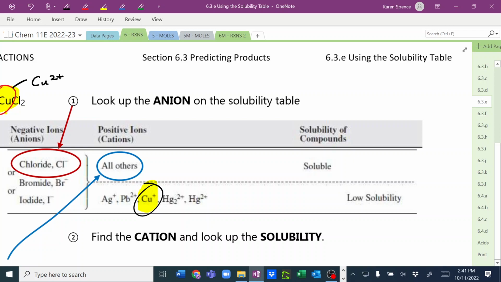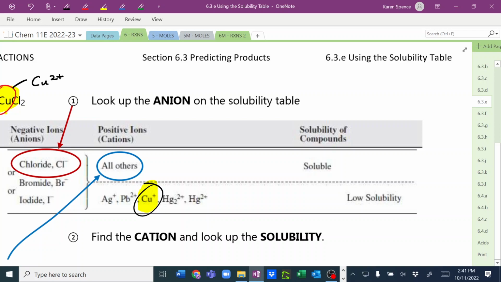For this course and for grade 12, you will, when necessary, be given this table. Okay, you will have this table in front of you. The AP course, you do not get this table, but you only need to remember 3 things in AP, and that's that ammonium is soluble with everything, nitrates are soluble with everything, and the alkali metals are soluble with everything.